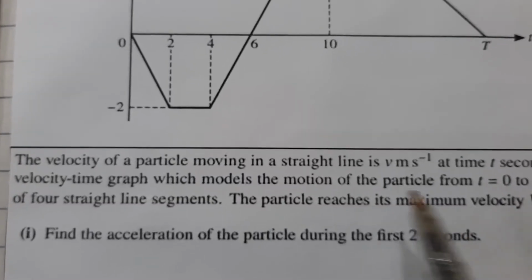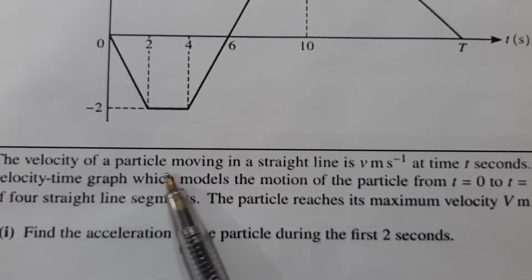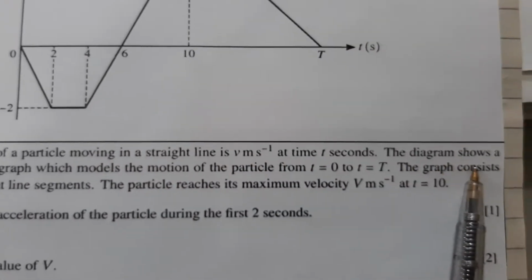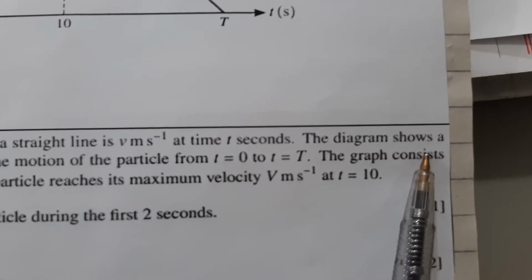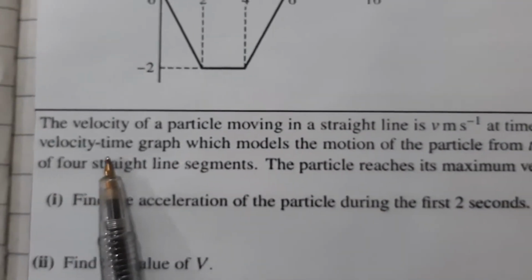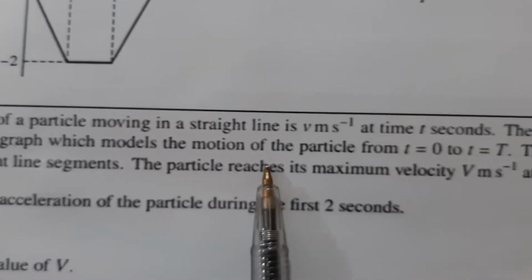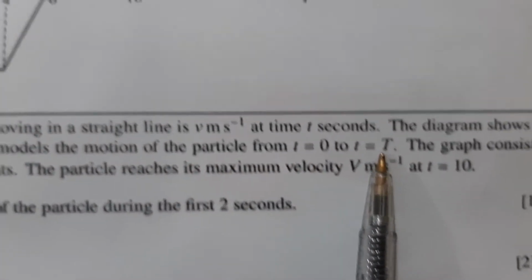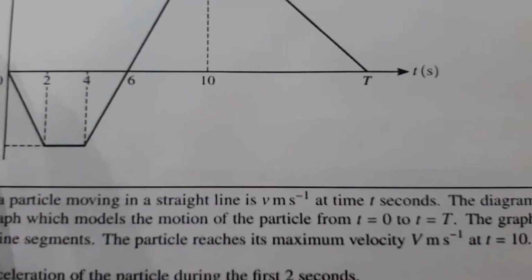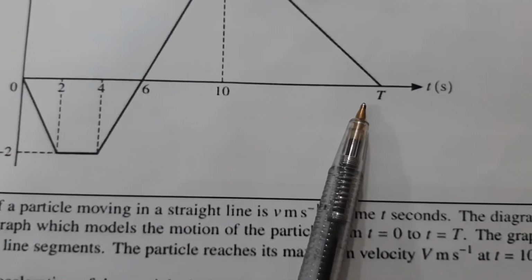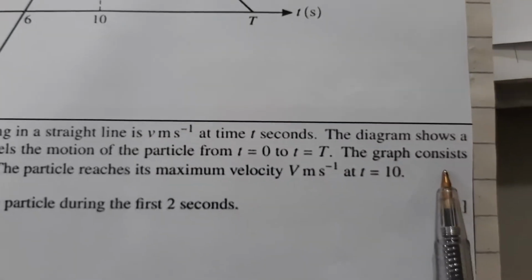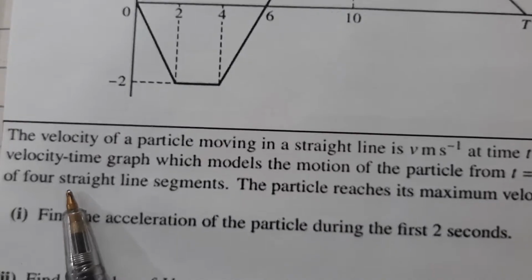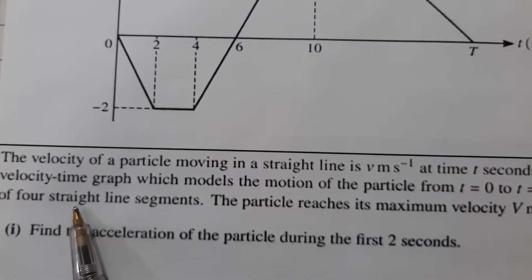Okay, so the question is just explaining that the velocity of a particle moving in a straight line is v meters per second, and the diagram shows a velocity-time graph of the motion of the particle from 0 seconds to capital T seconds. We have seen here it was 0 initially, and then the time was capital T. The graph consists of 4 segments, right?